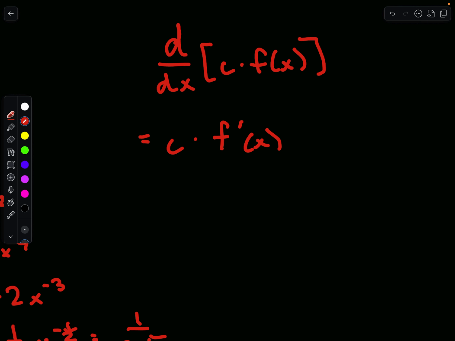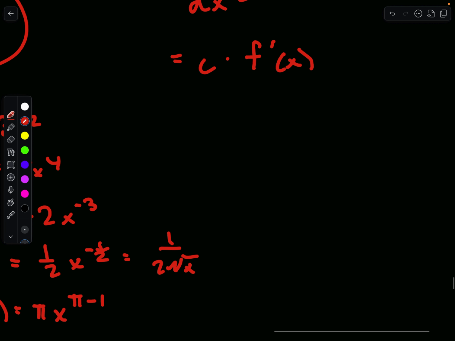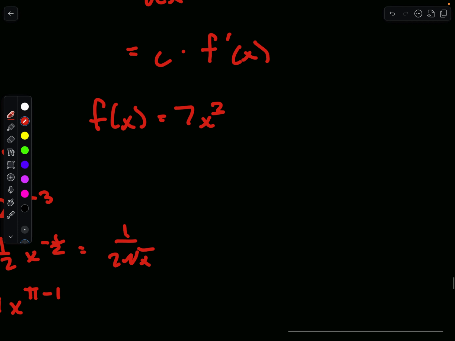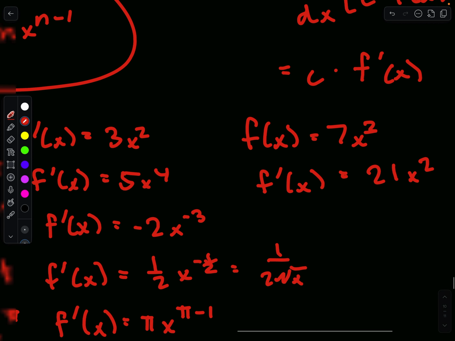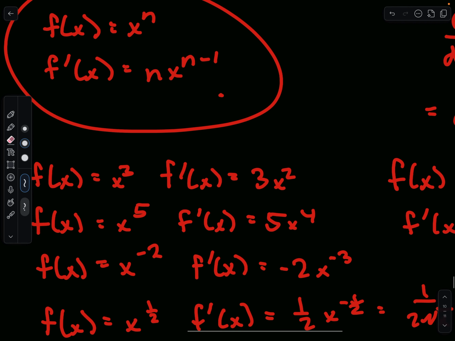If you think about this, multiplying a function by a constant really just scales the slope. So it makes sense that you can just pull out the constant when you're computing the derivative. If we look at an example, let's say f of x equals 7x cubed. Then f prime of x equals 21x squared by using the power rule as well.